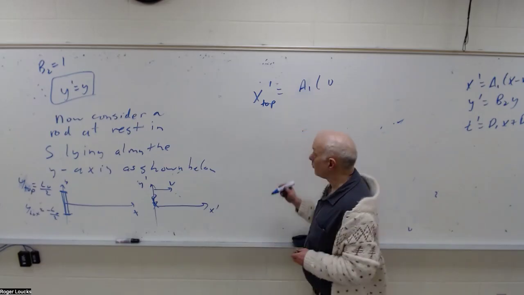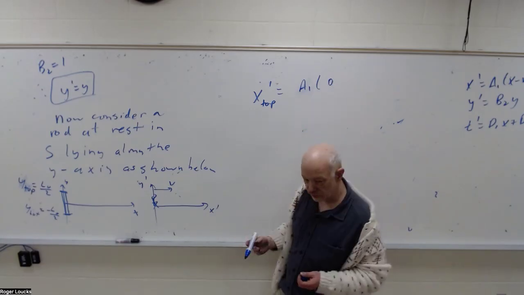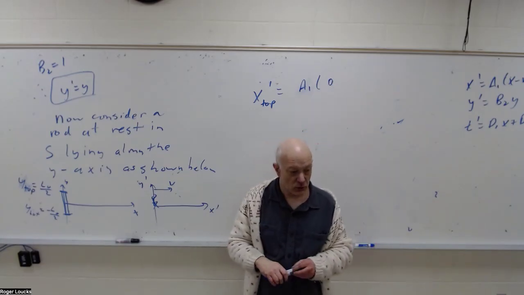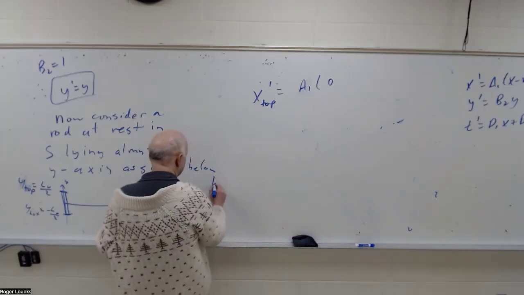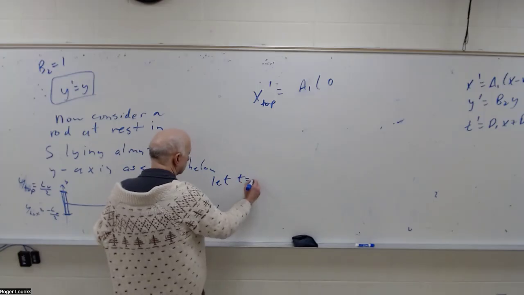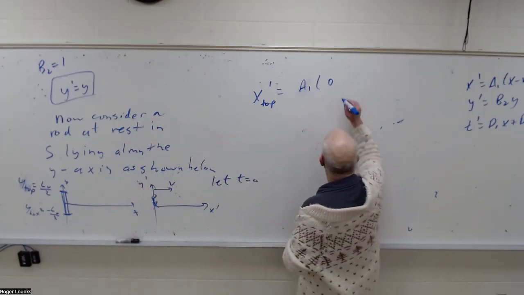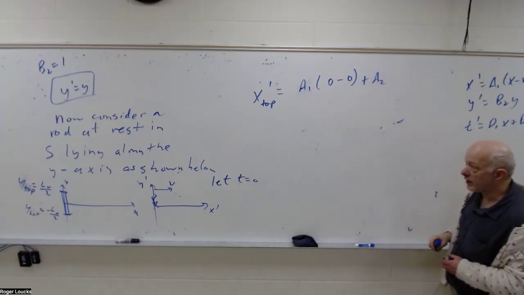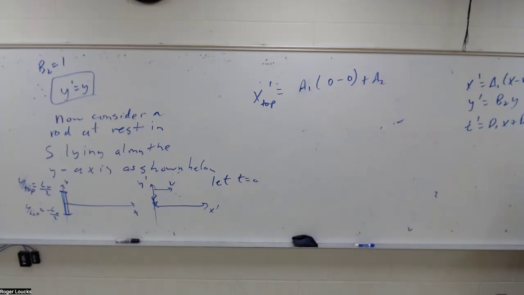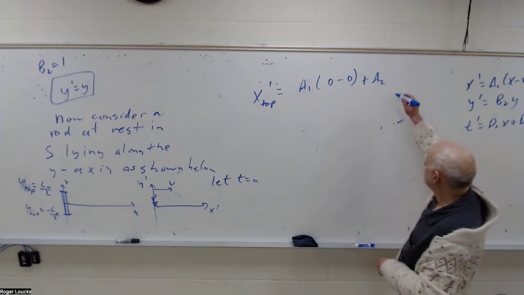I'd like to do this experiment at a really convenient time. When do you think would be a very convenient time? When t is 0. So we're also going to let t equals 0, plus a2. Now what is y at the top? Looking at the picture, L naught over 2.